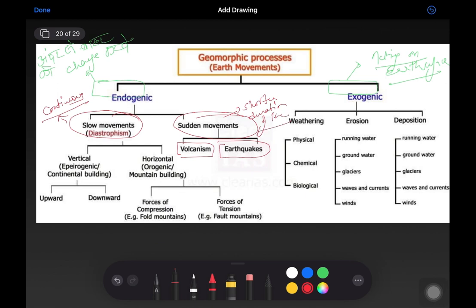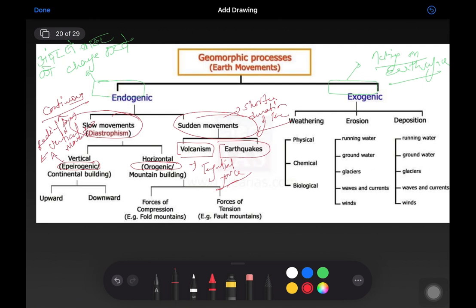Further, this diastrophic movement is divided into two: epirogeny and orogeny. Epirogeny is continental building. In epirogeny, there is a vertical movement created due to radial forces. While orogeny involves folding and faulting due to tangential force.